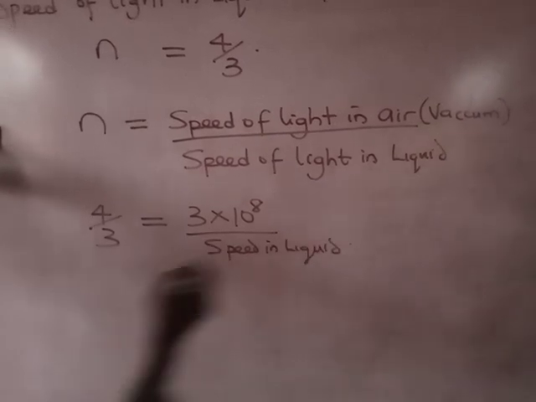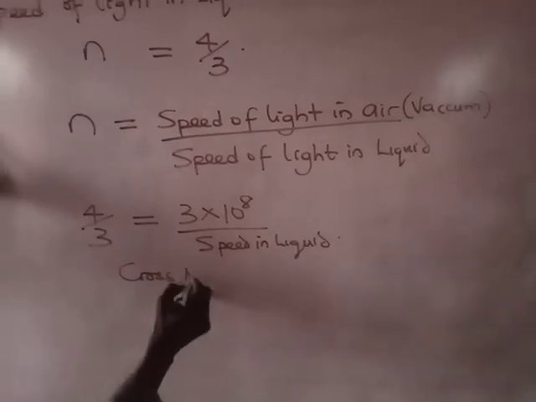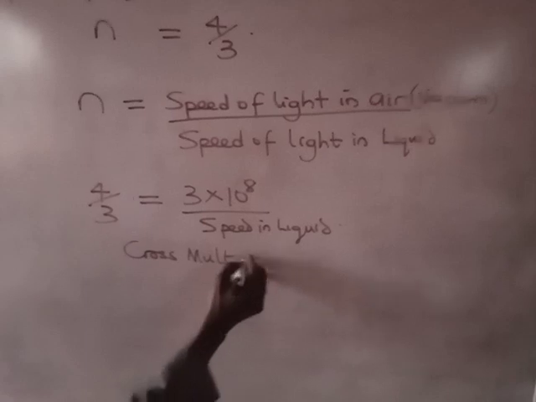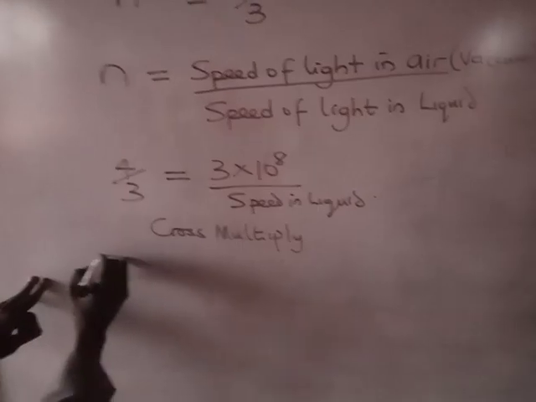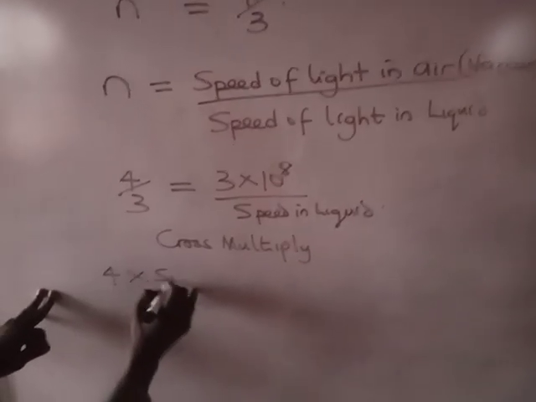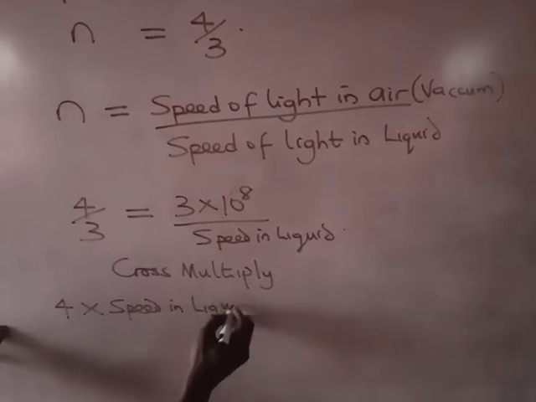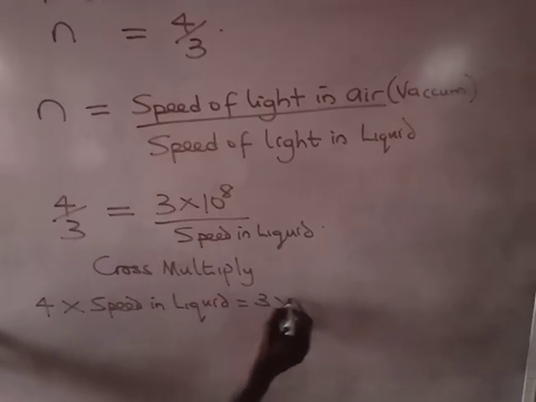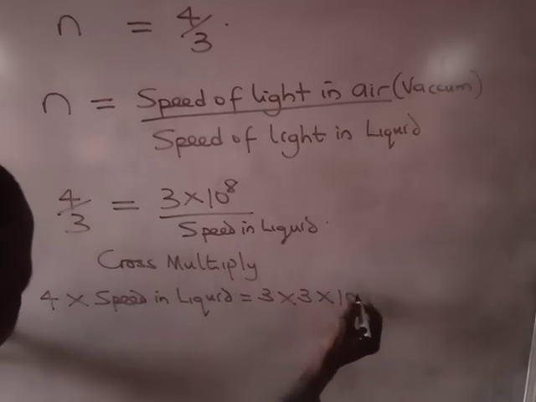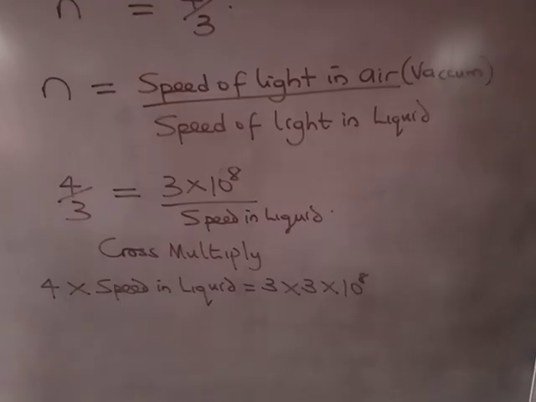So we cross multiply. And that will be what? 4 multiplied by the speed in liquid will be 3 multiplied by 3 times 10 raised to power 8. This will multiply by this.